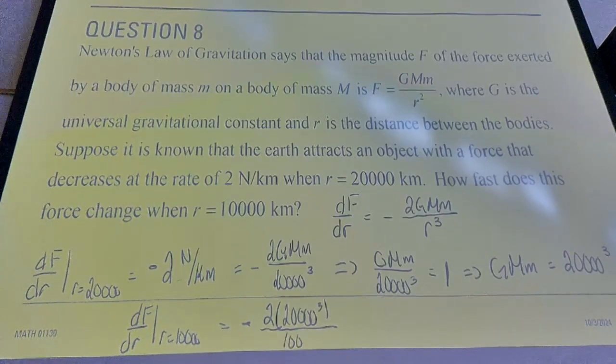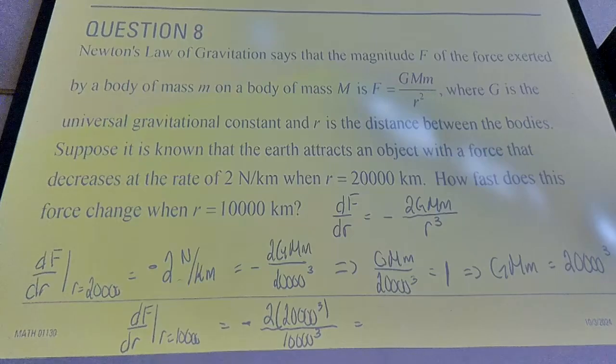What is 20,000 cubed divided by 10,000 cubed? That's 8.